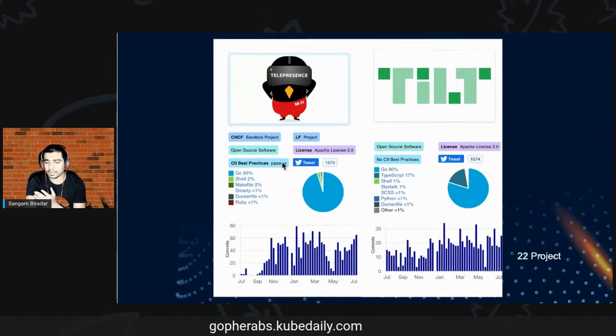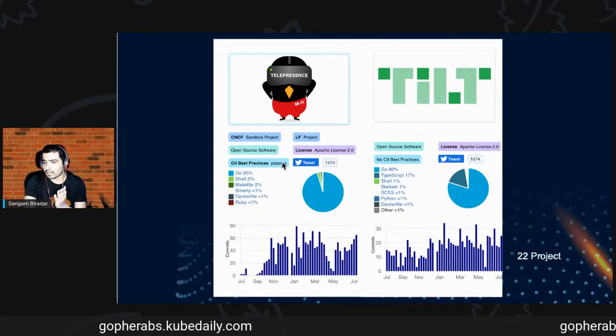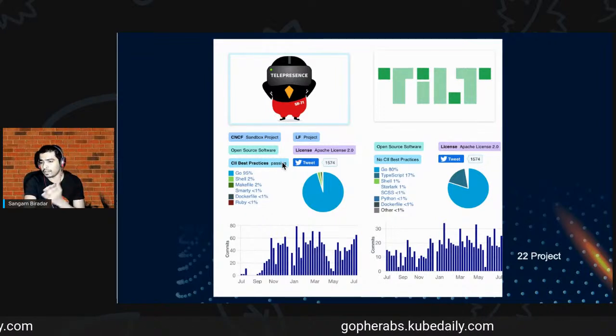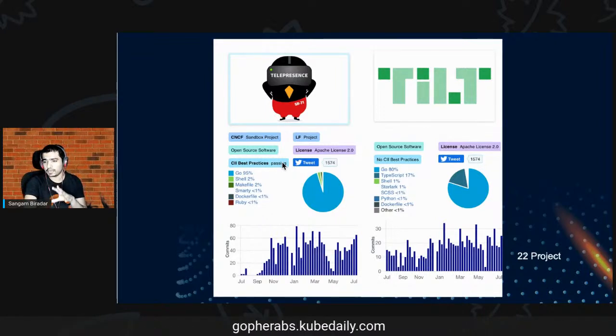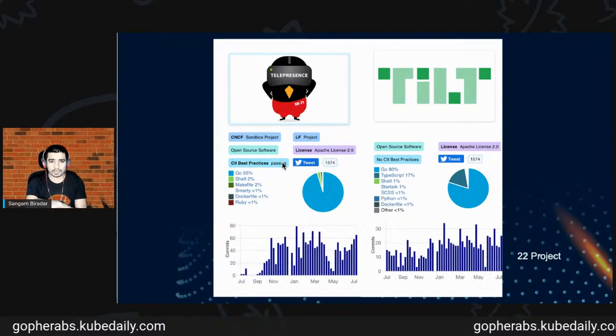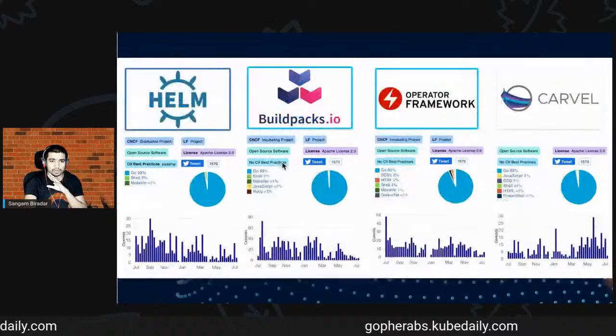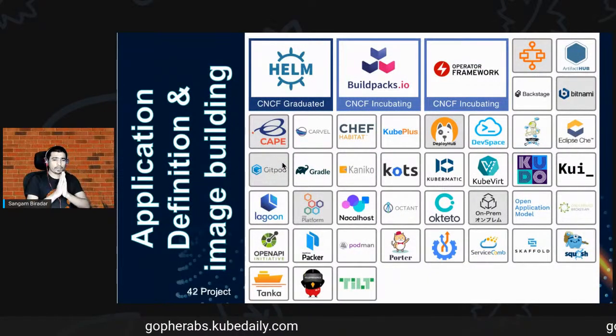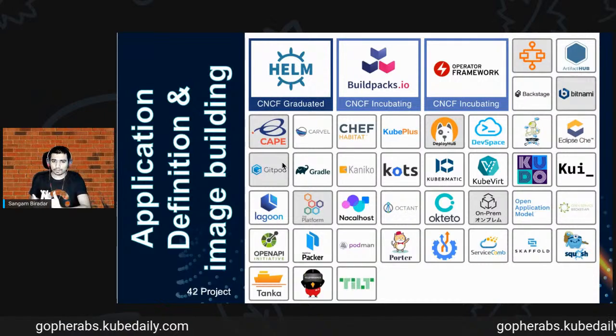And another tool is Telepresence. This is another tool you can use. Both are written in Go. Out of this whole thing, out of 42, there are 22 projects written in Go.